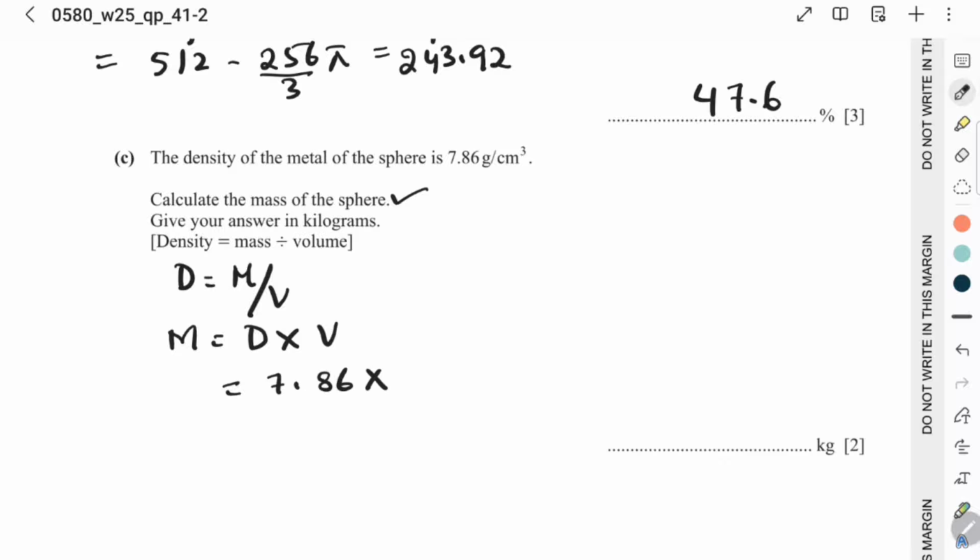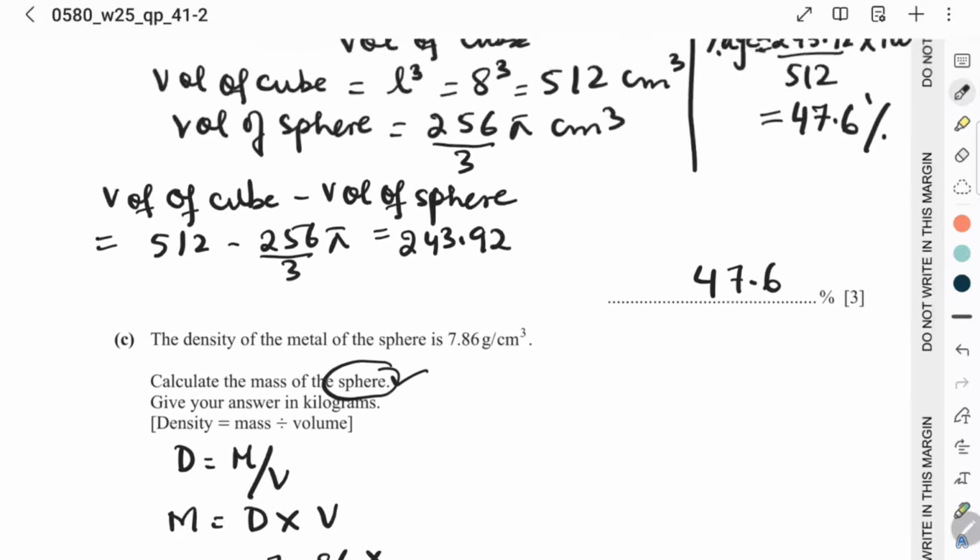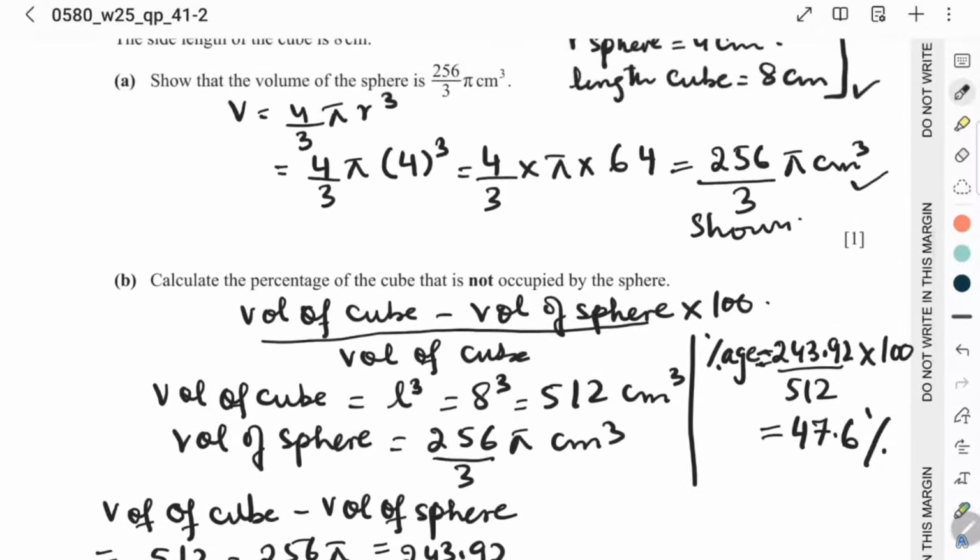So the density given in this question is 7.86 times the volume of the sphere, which is 256 upon 3 pi.